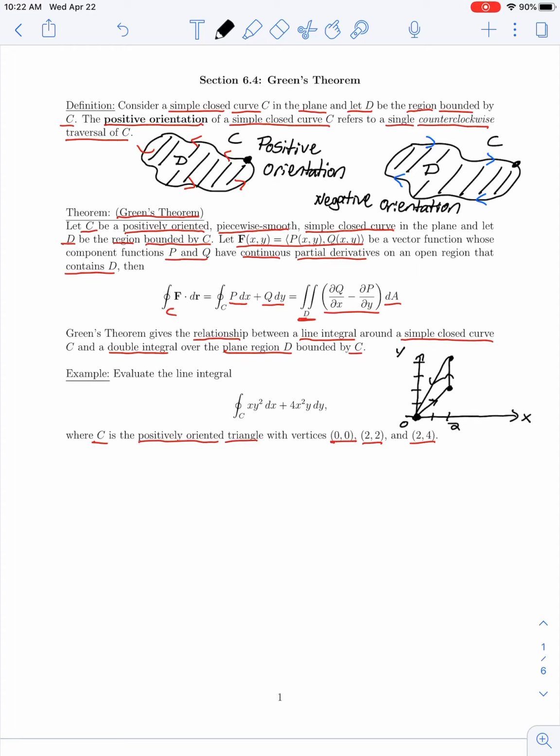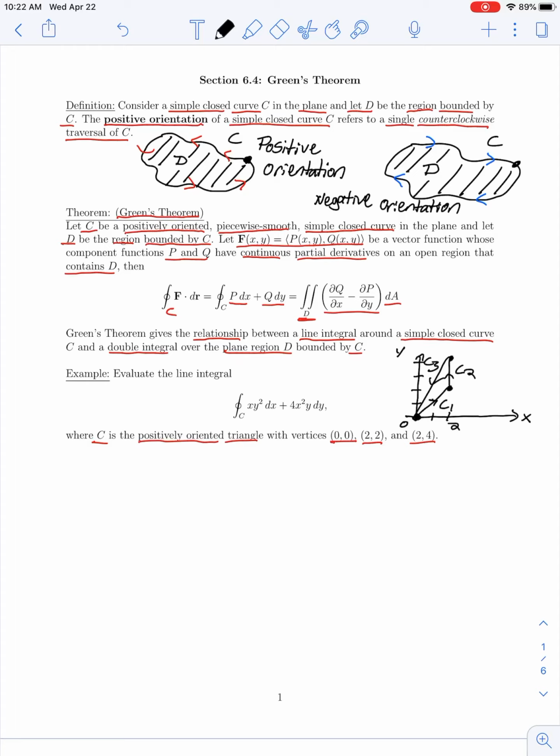And we see that this curve, this triangle, is not smooth, but it is piecewise smooth. It consists of 3 smooth segments, C1, C2, and C3. So if I were to evaluate this line integral directly, I would have to evaluate the line integral over each of these 3 line segments and take the sum of the values.